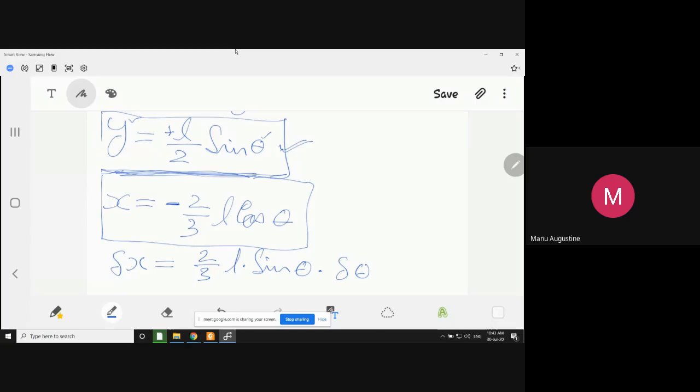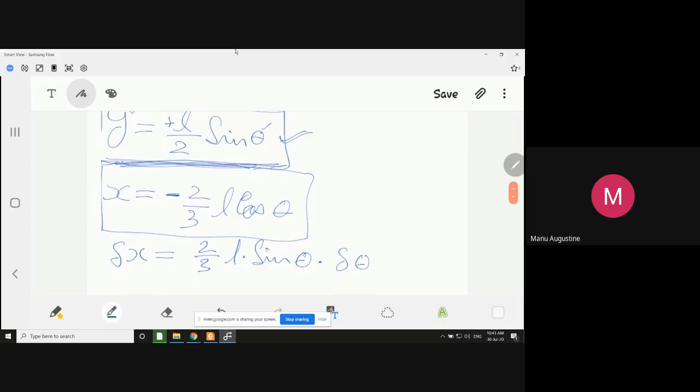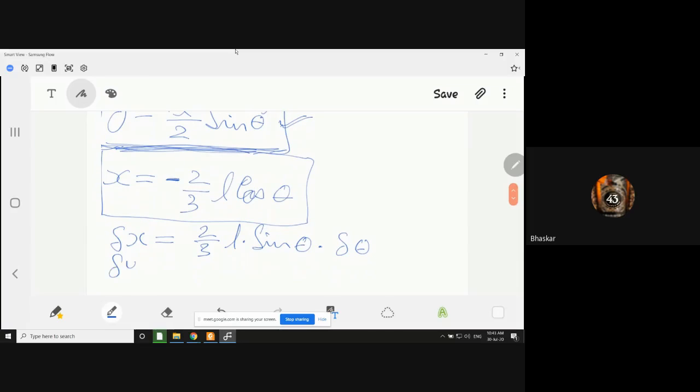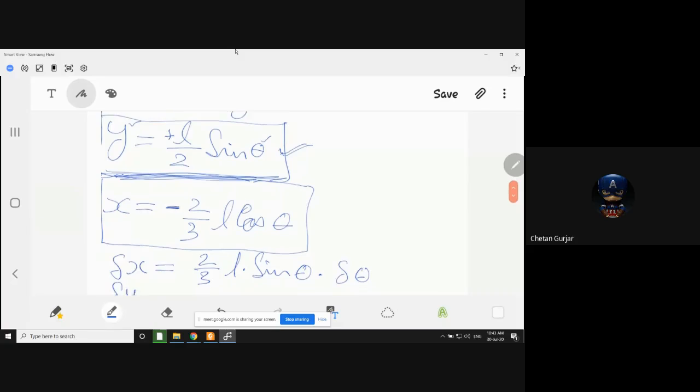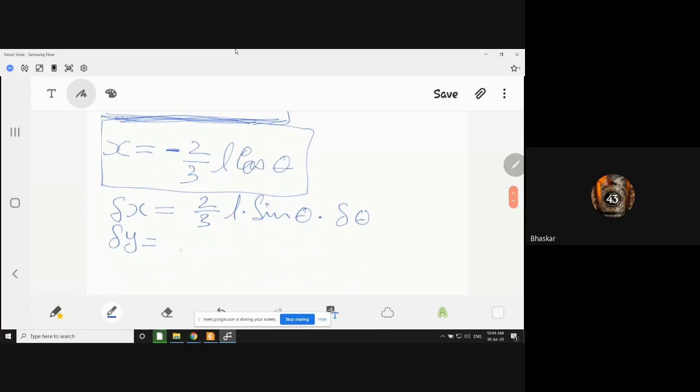Correct differentiation. And now give me the derivative of this relationship and tell me what will be del y. L by 2 cos theta del theta. Very good. This will be L by 2 cos theta del theta. So I have achieved the values of del x, del y in terms of del theta.